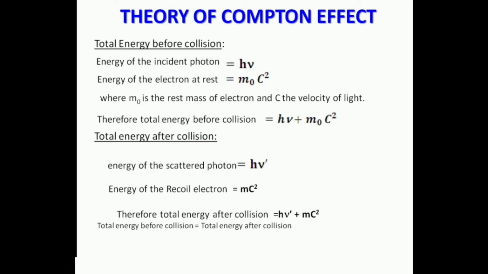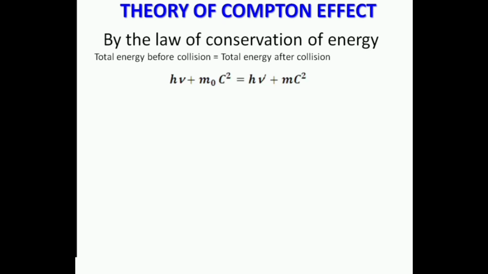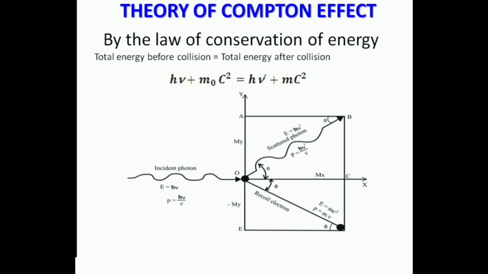Now total energy before collision equals total energy after collision by conservation of energy. So h nu plus m naught c square equals h nu prime plus mc square, and mc square equals h multiplied by (nu minus nu prime) within the bracket plus m naught c square. You can see this is equation 1.